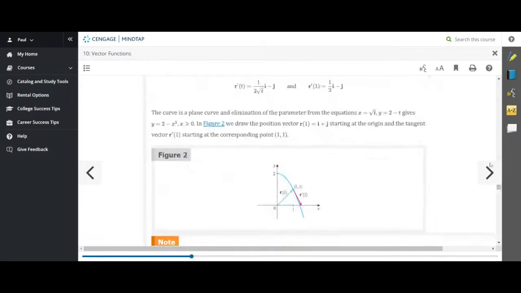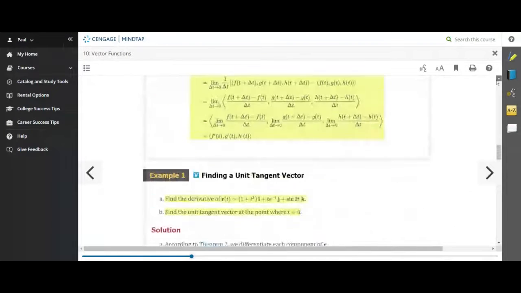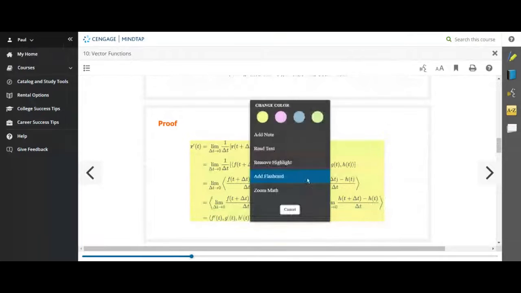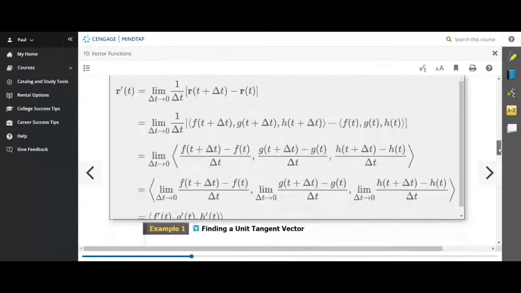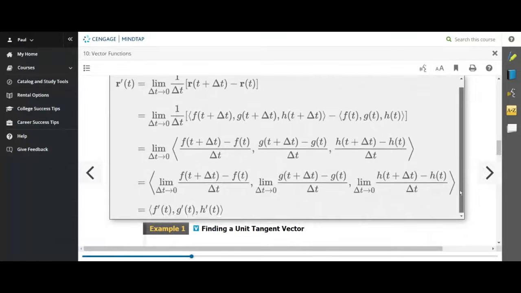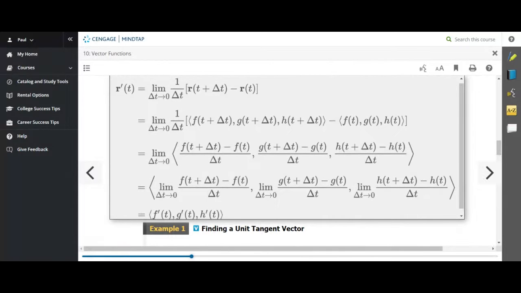Now they have a nice little proof below. r prime of t is, you've seen that, so instead of using h approaching 0, they're having delta t approach 0.